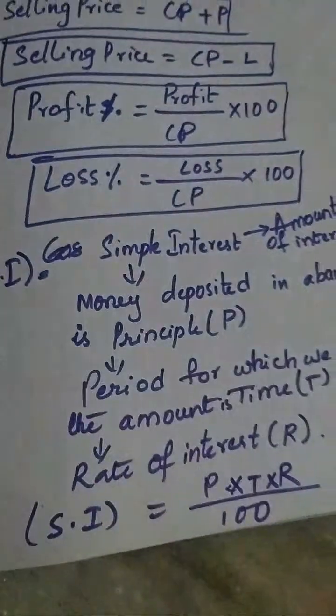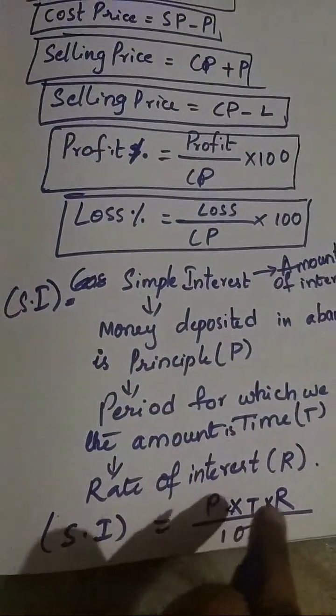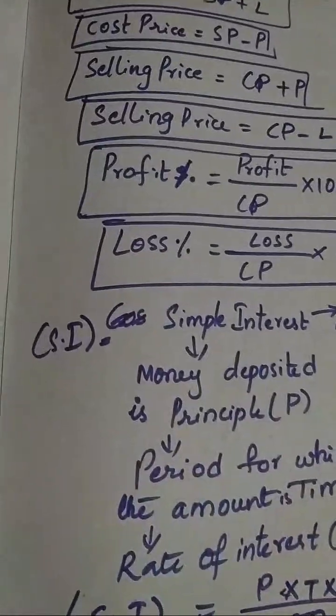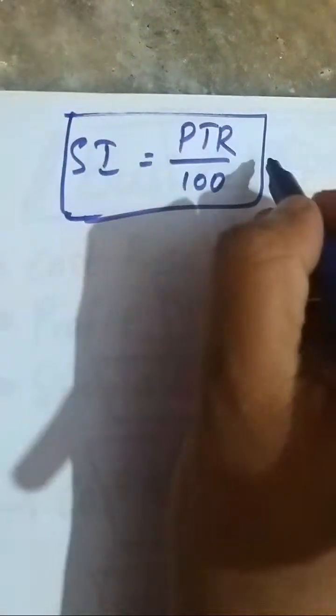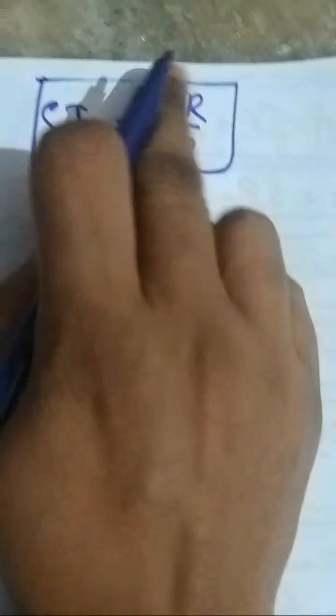Okay, in previous classes we learned about simple interest, that PTR by 100 is the formula to find the simple interest. Now another formula, that is the amount we are taking. Whenever we have to find the interest, we use simple interest, that is principal, time, and rate of interest.